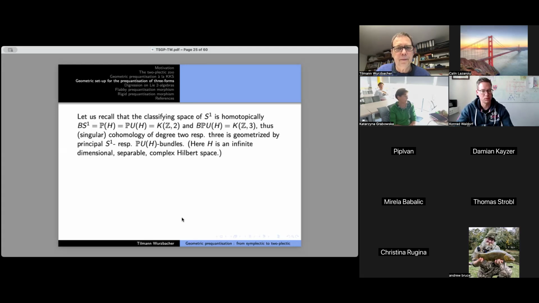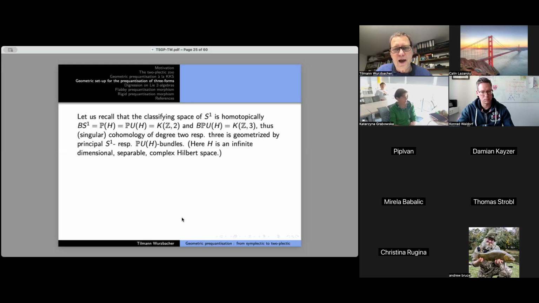Homotopically, this is an Eilenberg-MacLane space KZ2, which means its cohomology is localized in H2. And this is a classifier also in the sense of how to generate cohomology series by spectra.